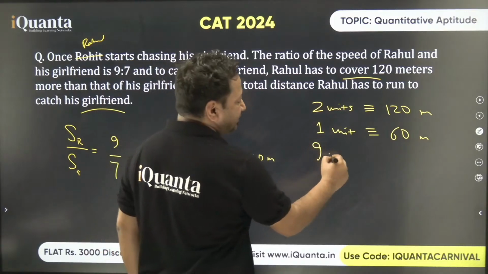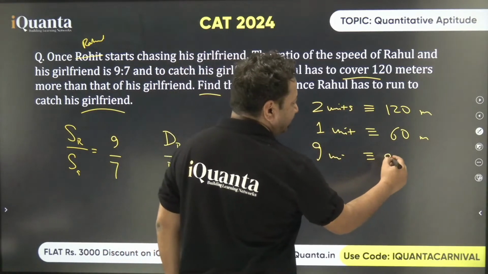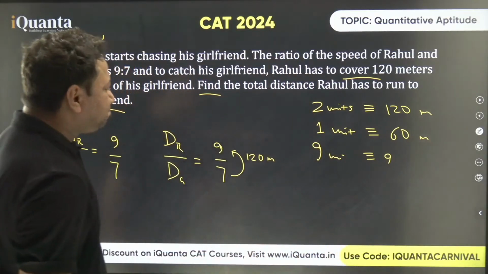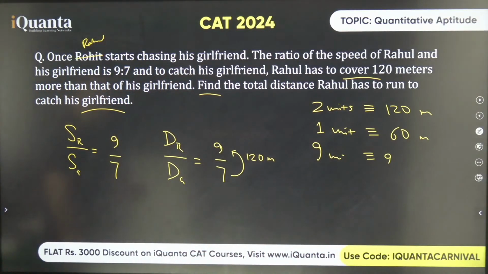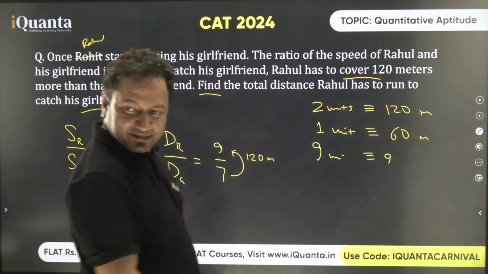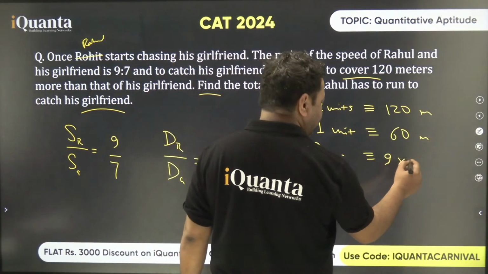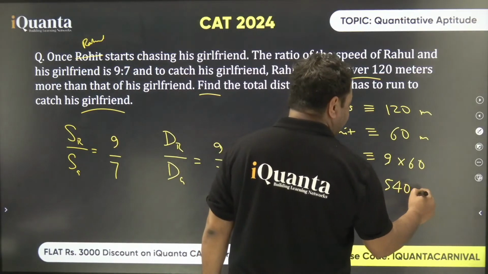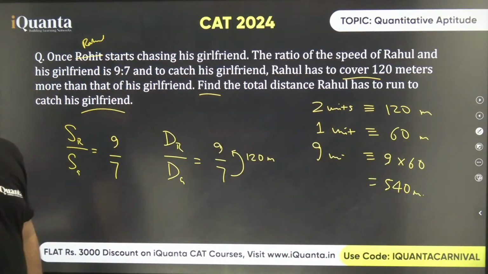So 9 units should be equal to 9 into how much? Yeah, tell me the answer. Nine into 60? Very good. It happens to be 540 meters.